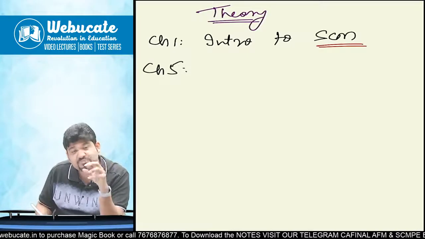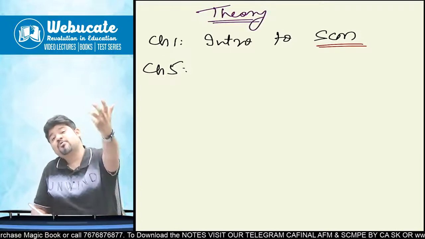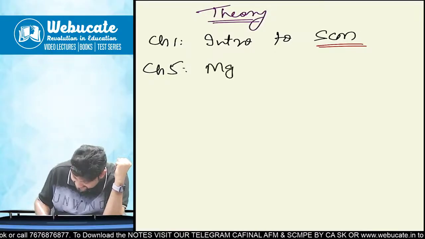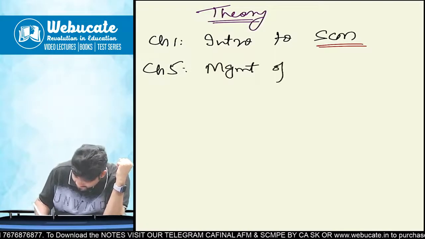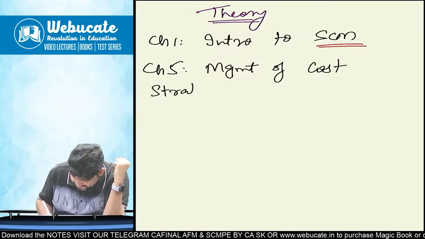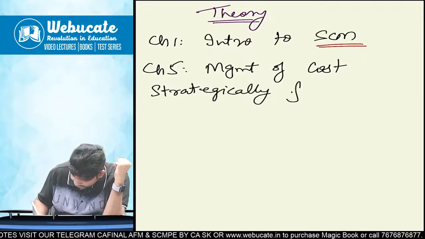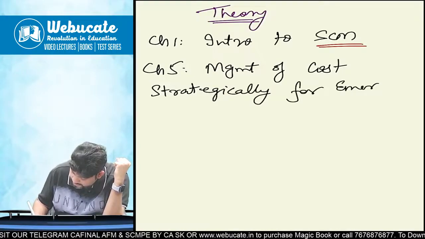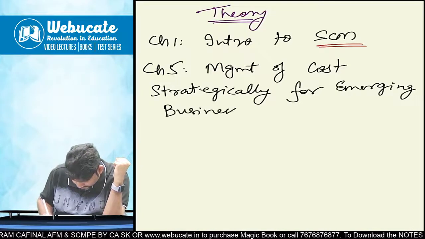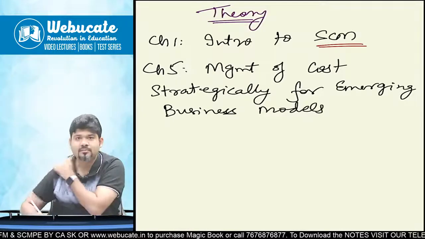Chapter number 5 is Management of Cost Strategically for Emerging Business Models. The name itself tells the weight of this chapter. So it is management of cost strategically for emerging business models.